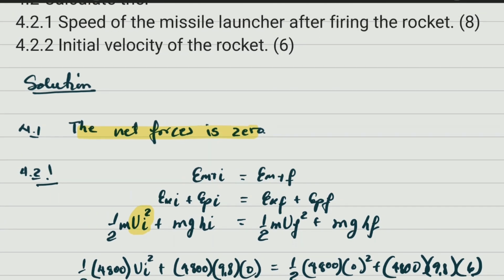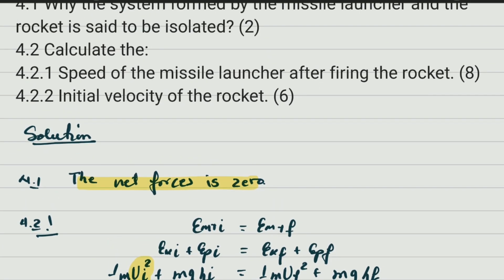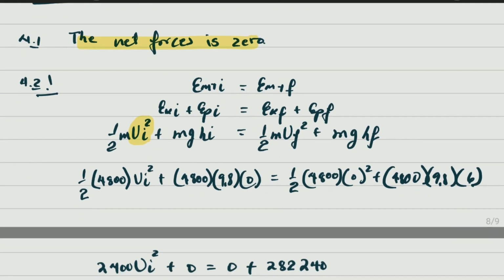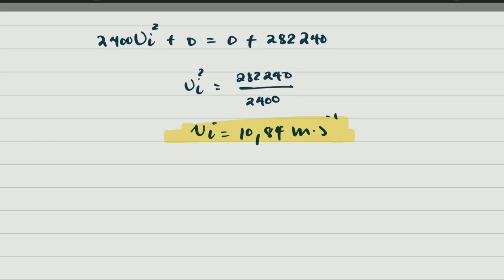And then to calculate the other one, which is the initial velocity of the rocket, we are going to use the conservation of momentum. I'm going to fast forward because we've done it before.